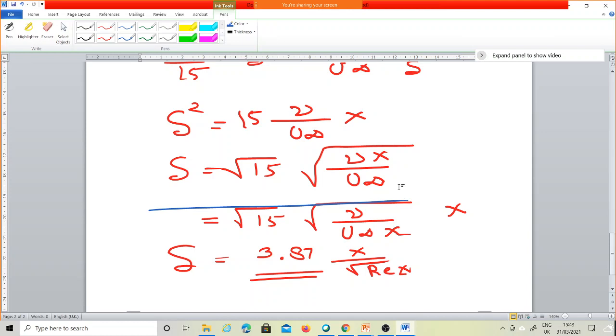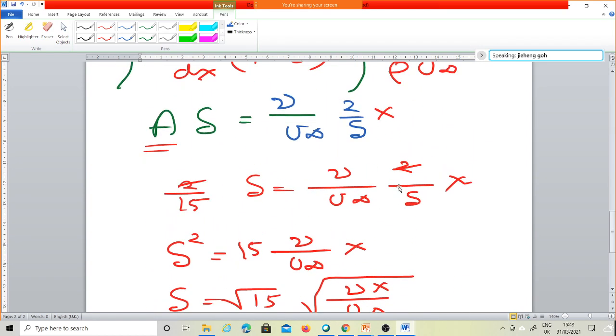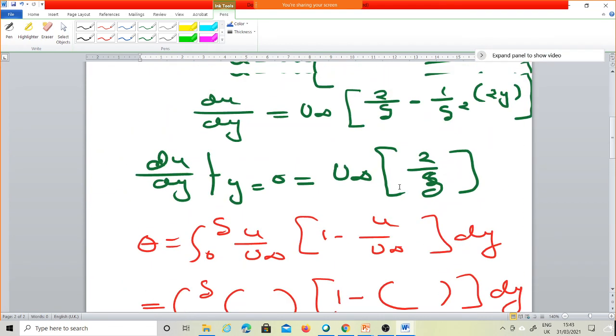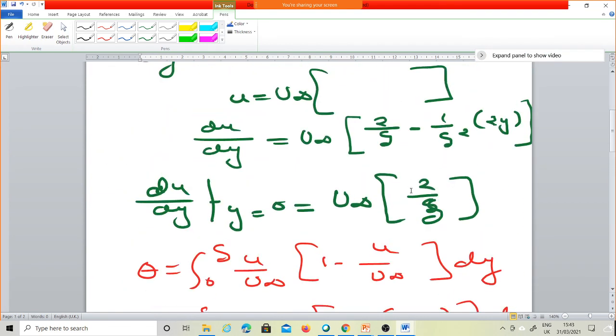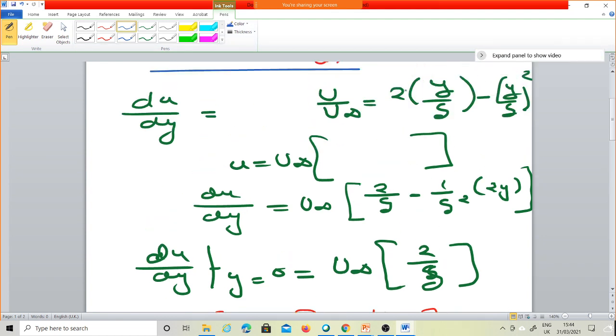Yes, please. How does du/dy become 2 over delta after we differentiate? So you have this 2y by delta, and then you differentiate this one.